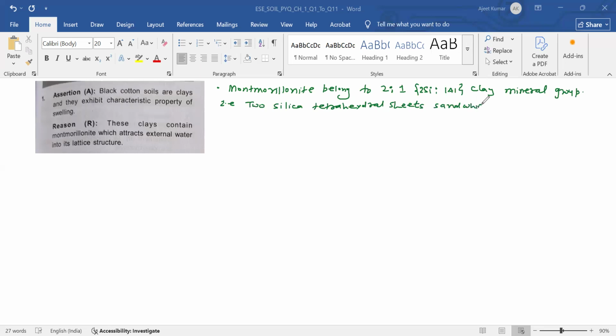sandwiching one aluminium octahedral sheet. The structure is like that.